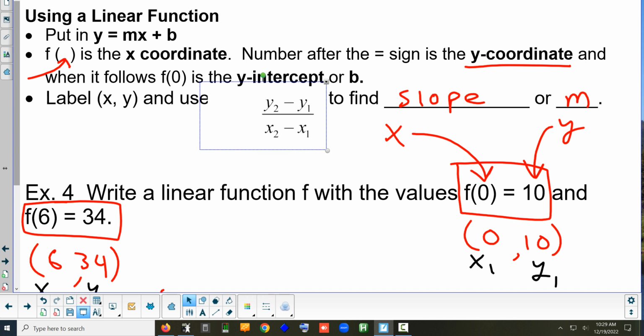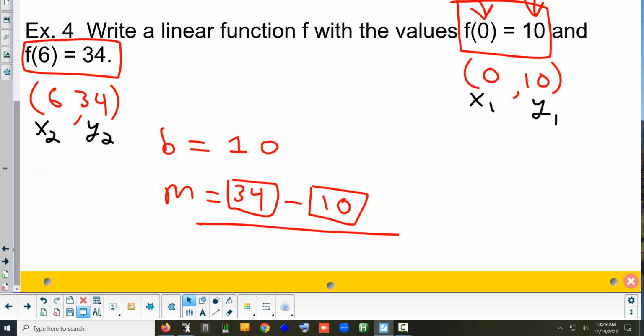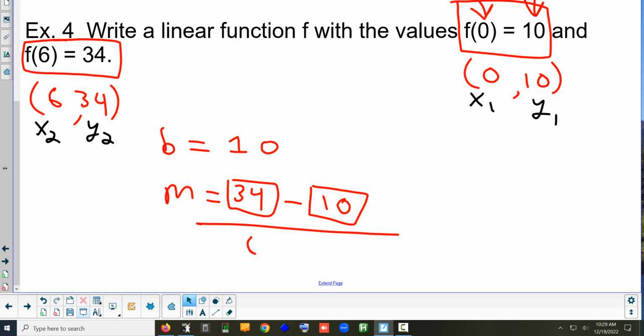Now I need x2 and x1. Joe, what's x2? 6. And x1, Finn? 0.